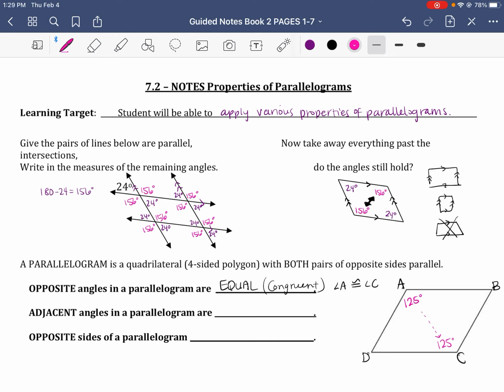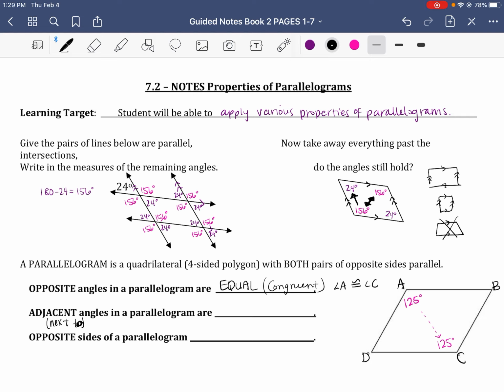Okay, once we know that, the next property says adjacent. Adjacent means next to. So I'm going to write that right underneath it. Next to, not the number 2, but next to. Adjacent angles, or angles that are next to each other.